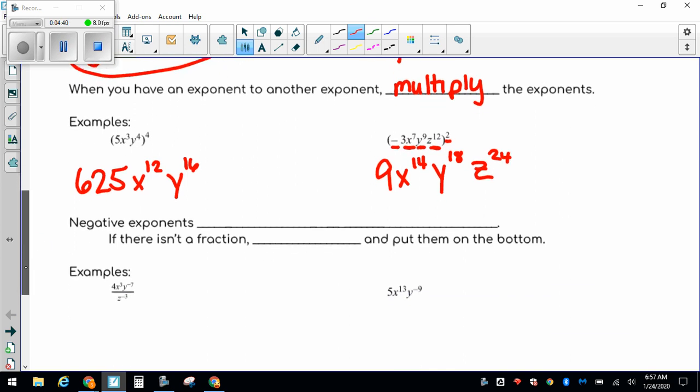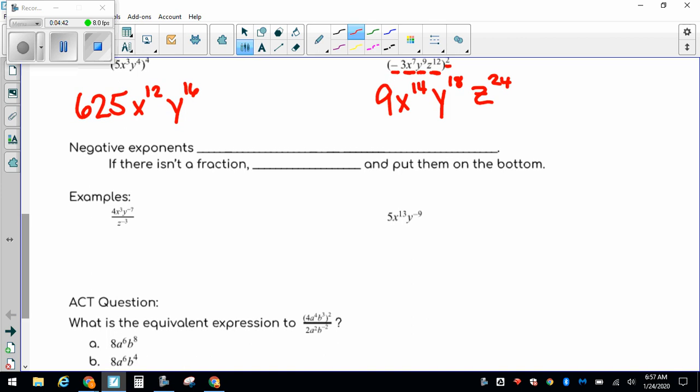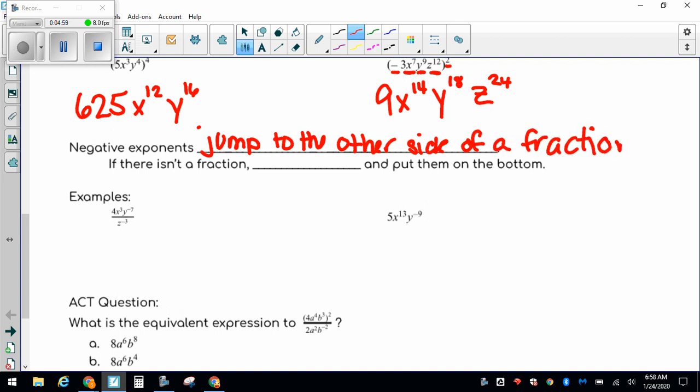Down here, you might have noticed that some of the exponents were negative. Negative exponents jump to the other side of the fraction. So if you see a negative exponent on the top, jump it to the bottom. If you see a negative exponent on the bottom, jump it to the top. If there isn't a fraction, we're just going to make one and put it on the bottom.